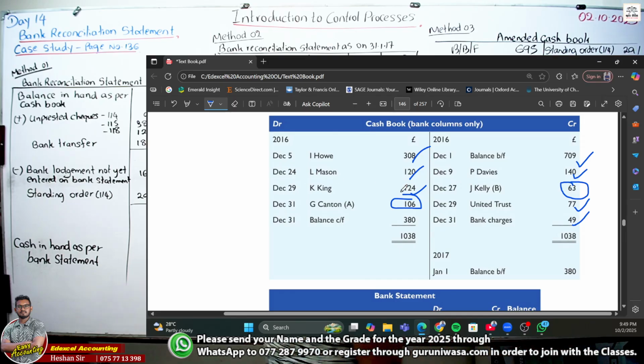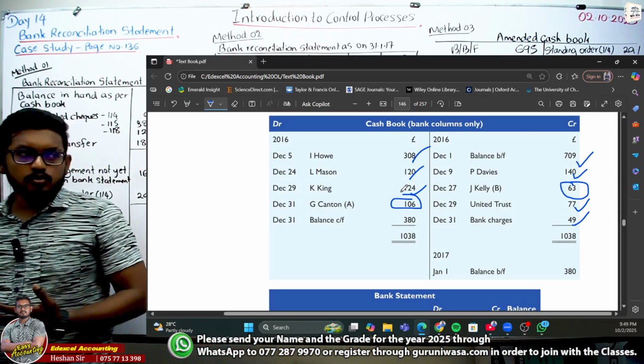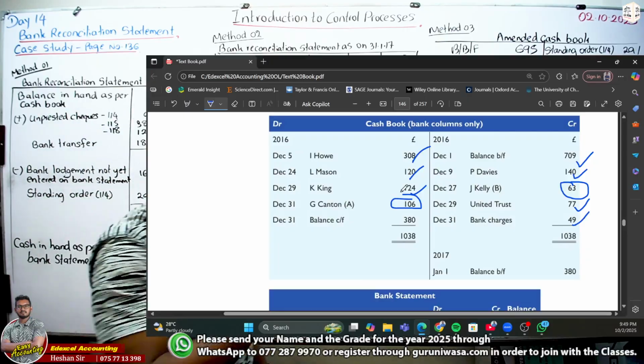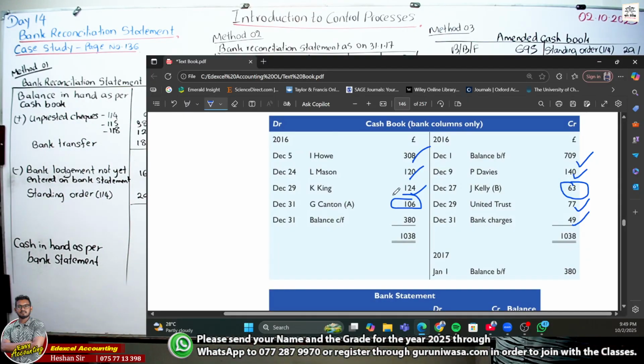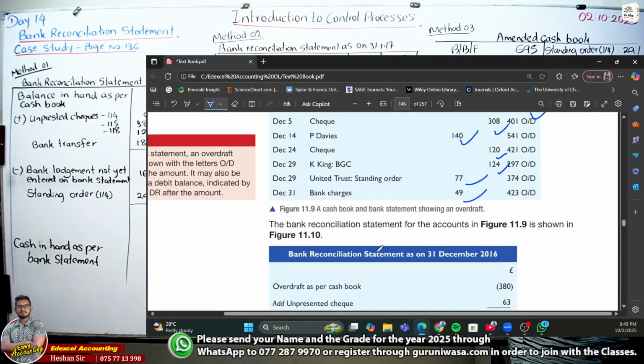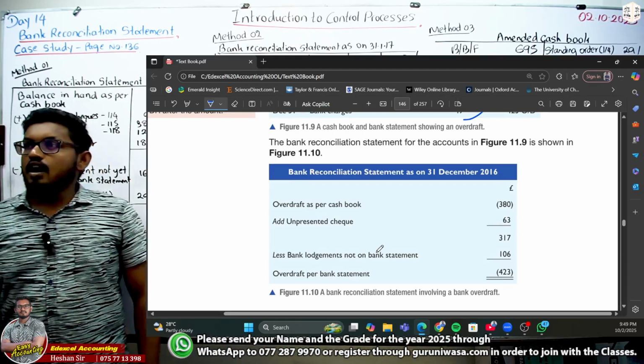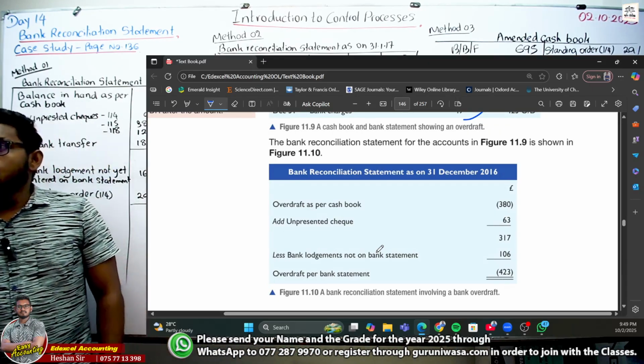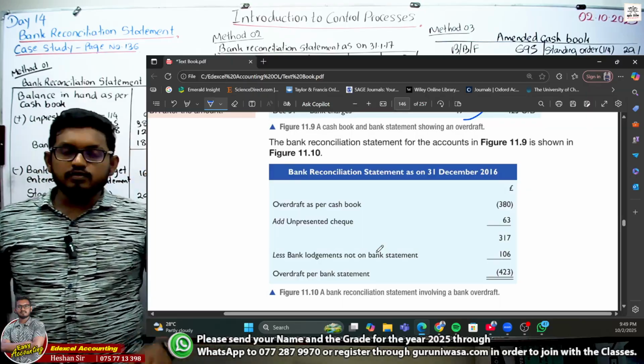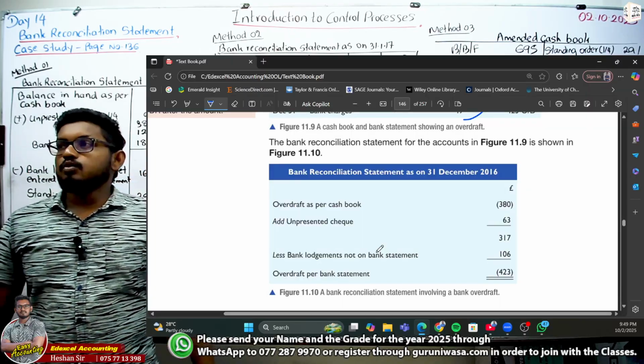Now this 63 is an unpresented check. I told you credit, but once we find something circled, it is in the unpresented checks. In here, there is the bank lodgement not yet entered on the bank statement, right? When we prepare, if there's an overdraft case, just remember overdraft as per cash book, we put it as minus.